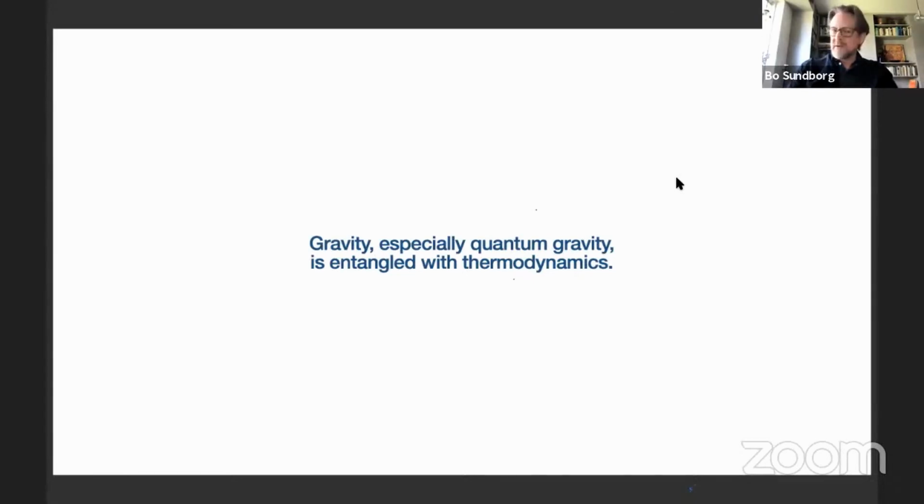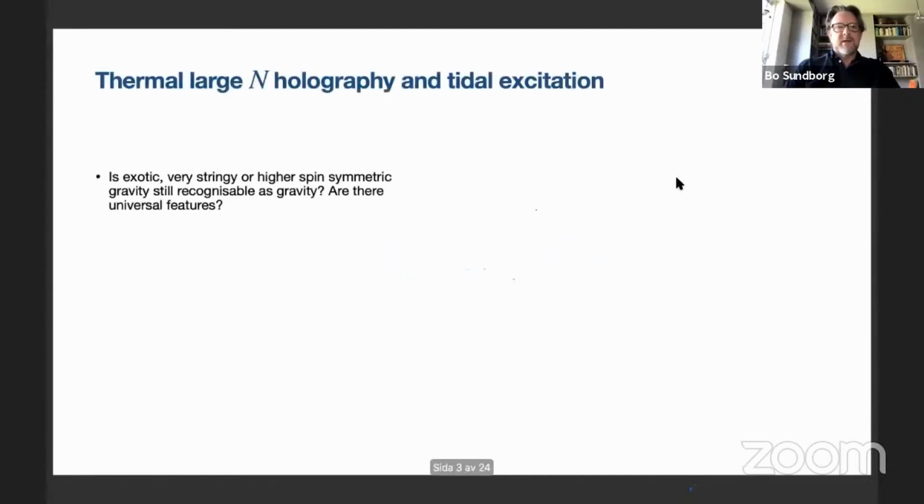Gravity gives us definite signs that space-time is, like Bekenstein-Hawking entropy, etc., intimately connected with thermodynamics. So the idea is to explore that in quite unusual settings, not Einstein gravity, but these exotic, very stringy and higher spin symmetric versions of gravity.